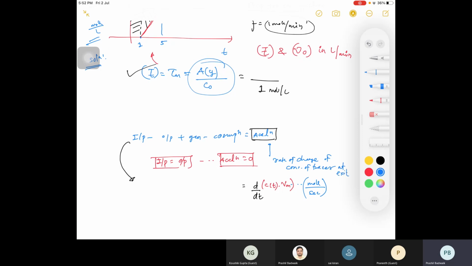Because this term is always a d by dt term, and the concentration of tracer at the exit of the reactor is continuously changing, this accumulation can also be referred to as the rate of change of concentration of tracer at the exit of the reactor.